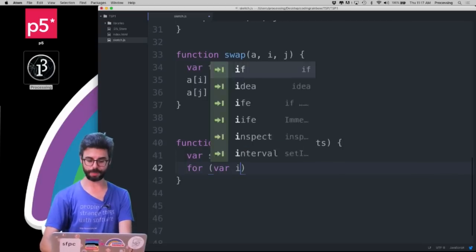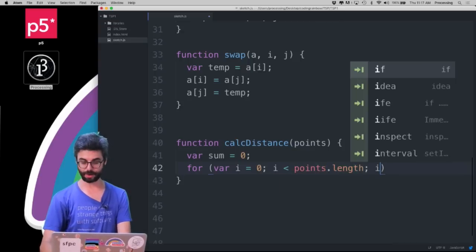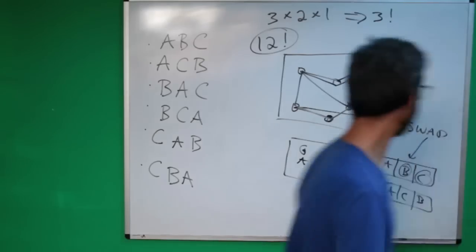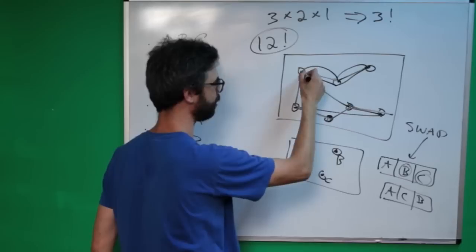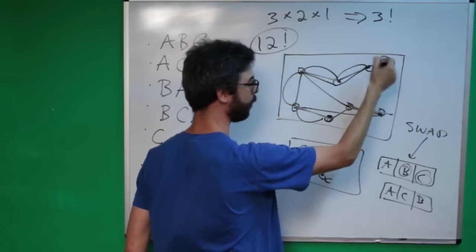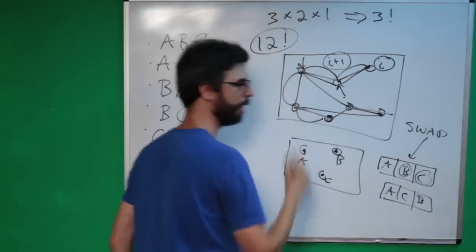I need a loop where I start at 0. I go all the way through the length of that array, and I say what? If this is my order, I want to know this distance plus this distance plus this distance plus this distance. So I always want to know the distance between I and I plus 1. And then this becomes I and this becomes I plus 1, et cetera.